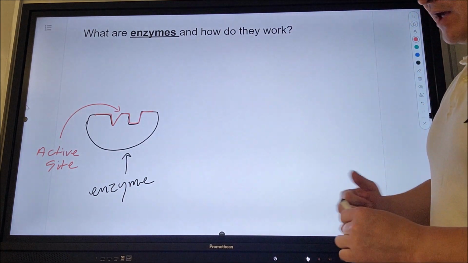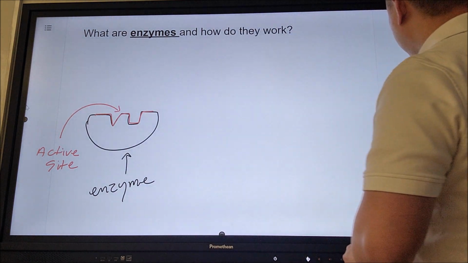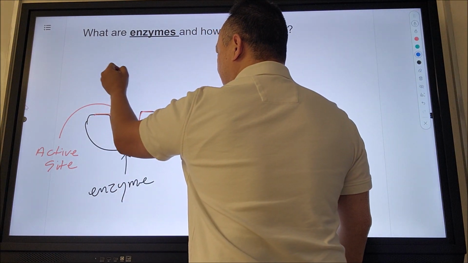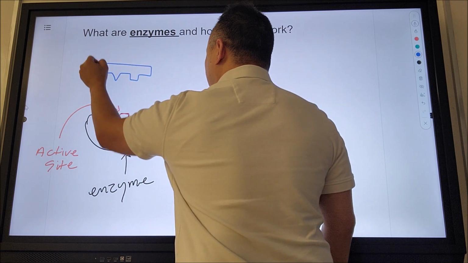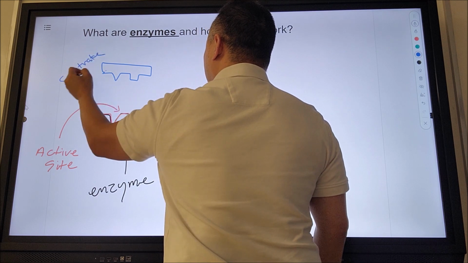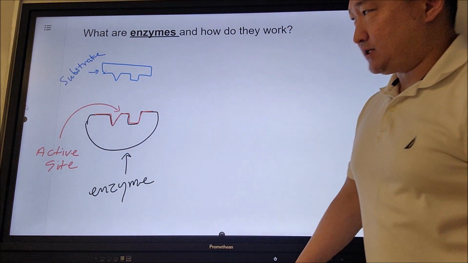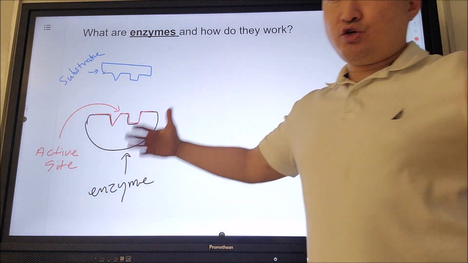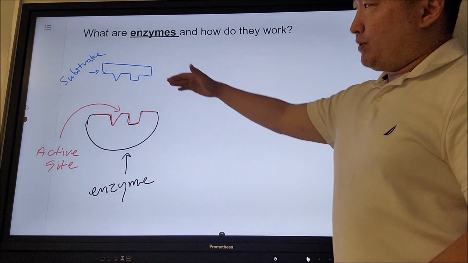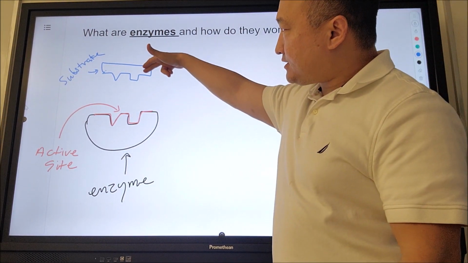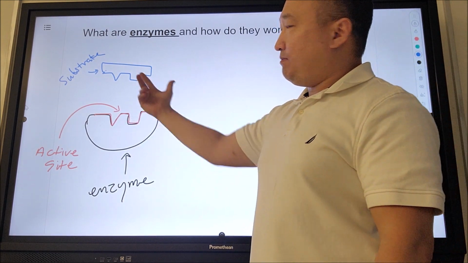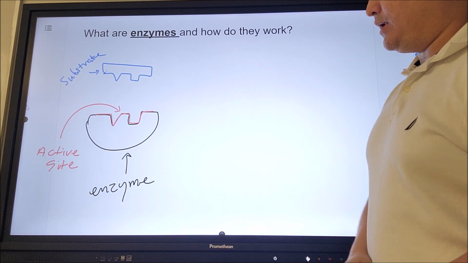Okay, so in an enzyme reaction, the reactants are sometimes called substrates. So in this case, this is the substrate, and this is not drawn to scale. Enzyme proteins are huge molecules, and sometimes these substrates are much smaller. But the point here is that in order for the enzyme to catalyze the substrate, that active site has to match the substrate structure.